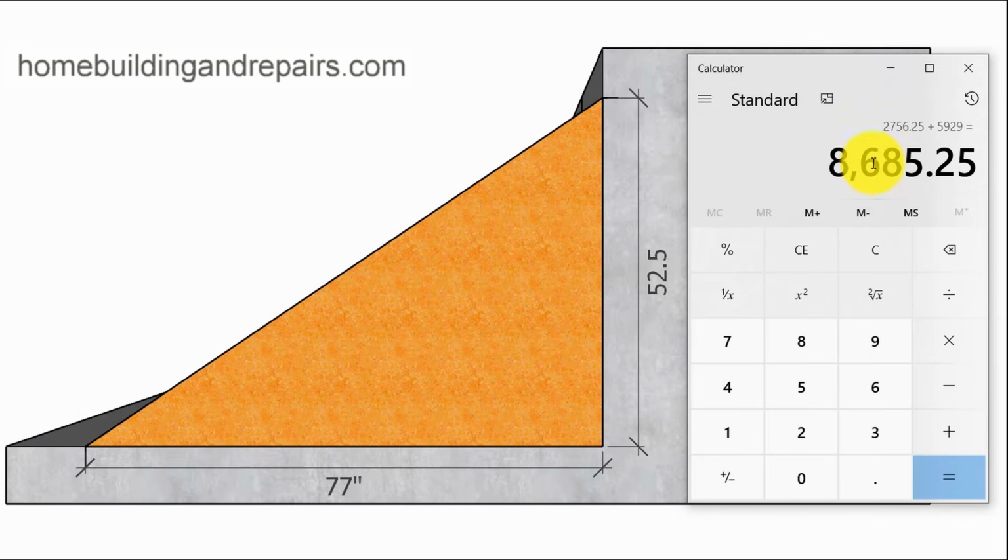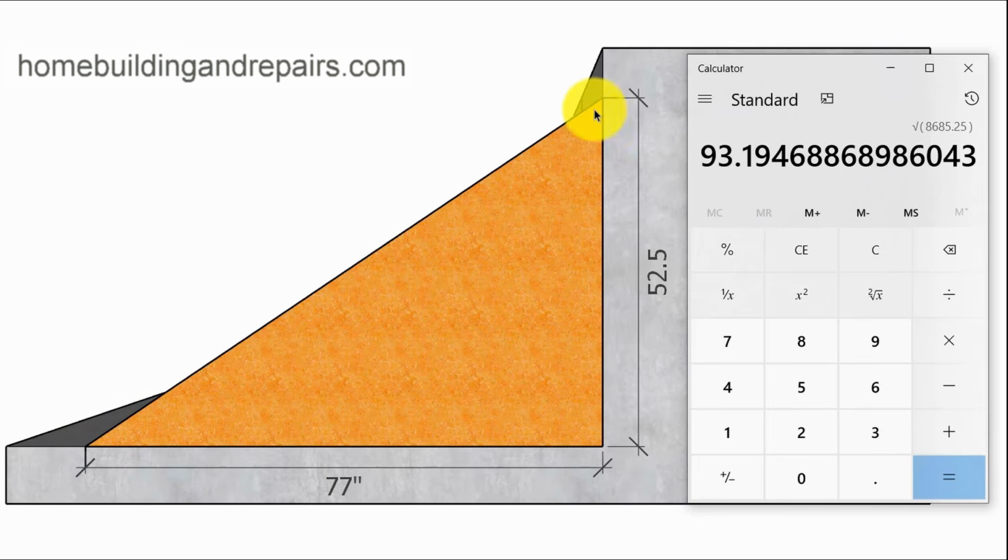That equals 8,685.25. Now all I need to do is get the square root of this number, and that can be done by simply pushing this button here. So the square root, once I push this, is 93.19, or basically 93¼ inches, is what we're going to need. And that is the length from here to here.